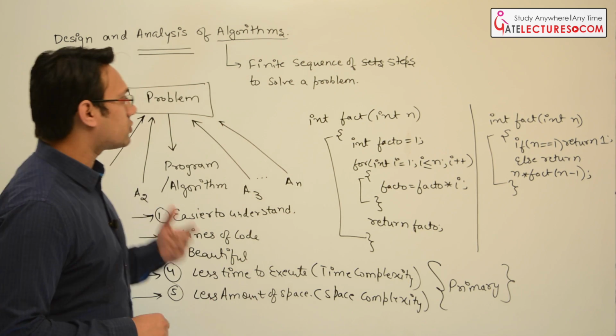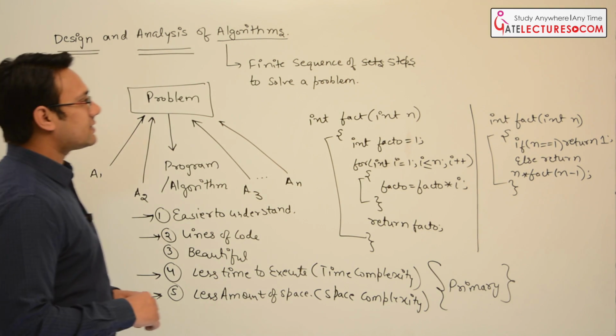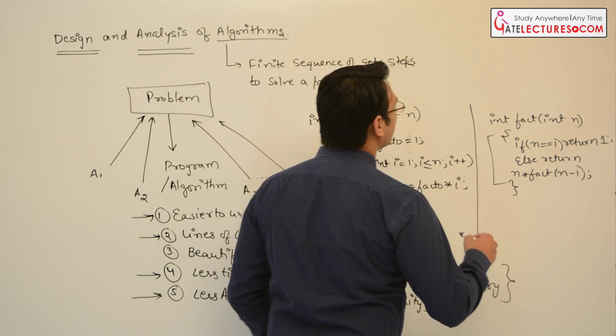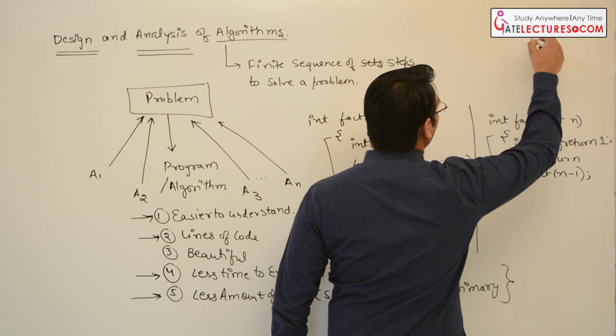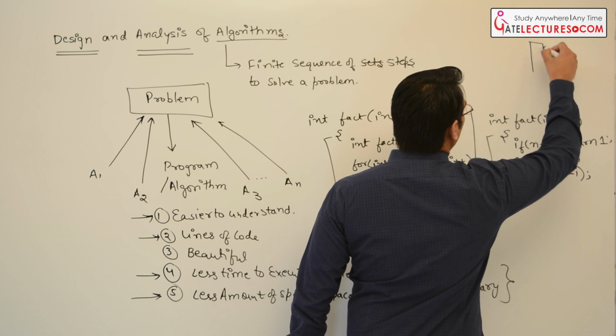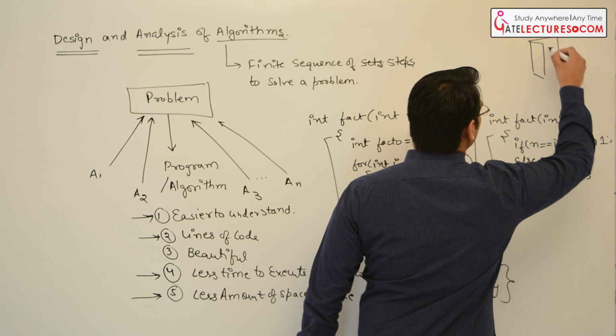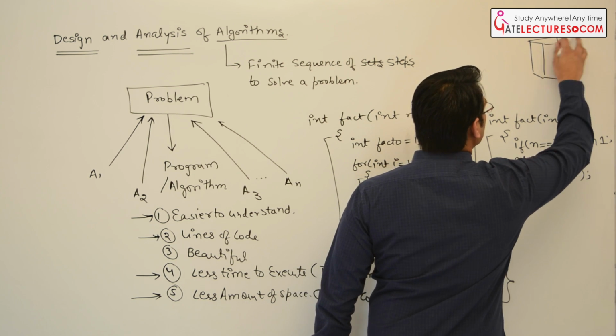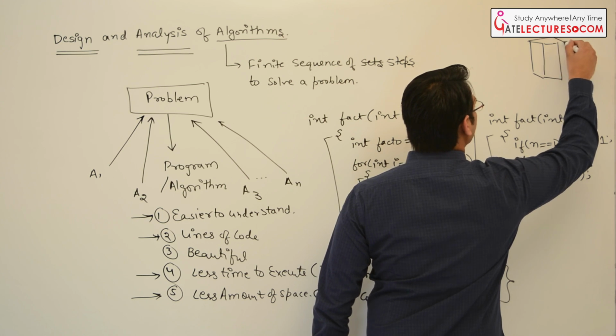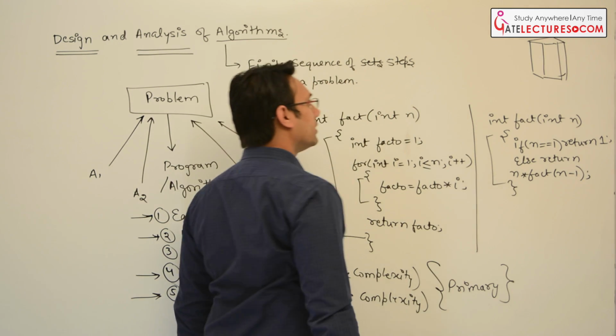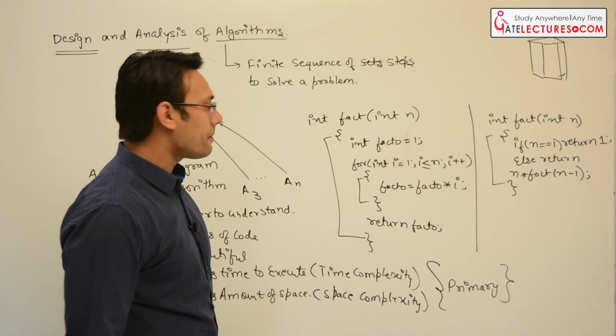Okay. Let us do one thing. Let us say that we have a computer here, we build our home computer. I don't know how to draw this, but let us say this is the computer. Okay.